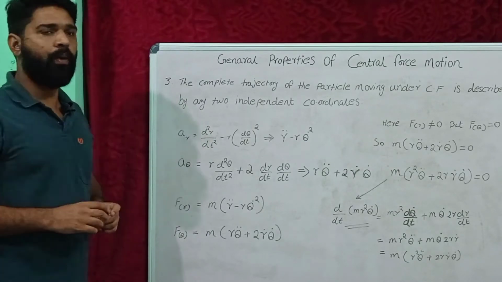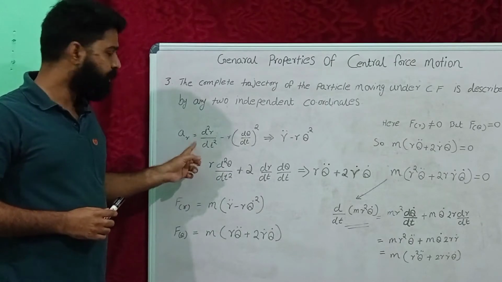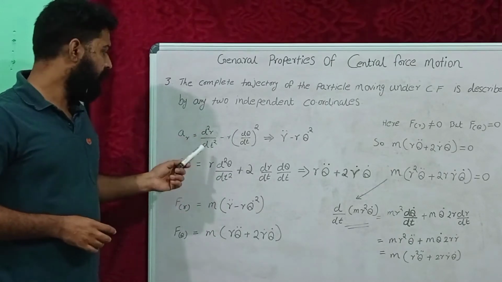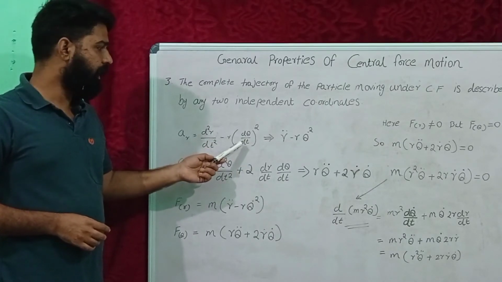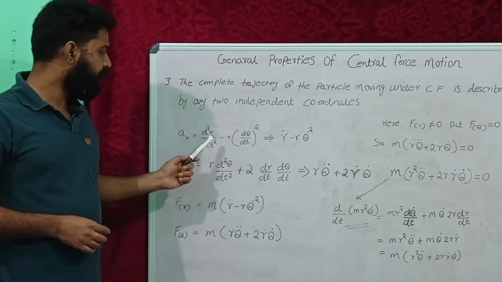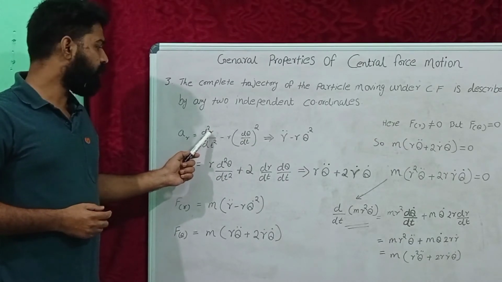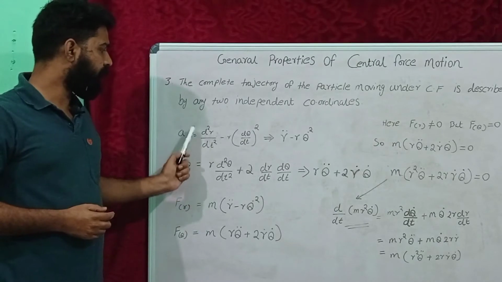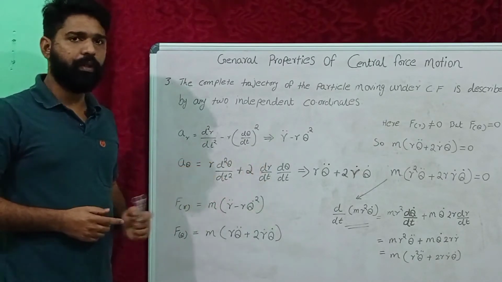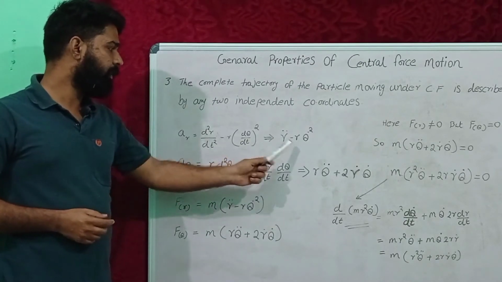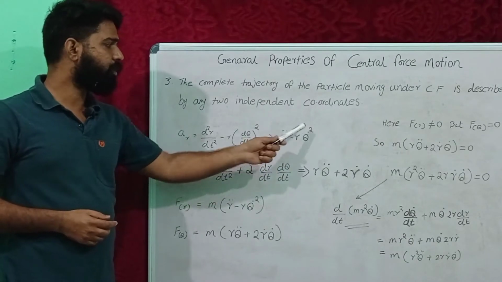We already know the radial acceleration can be represented as d square r by dt square minus r (d theta by dt) all square, and this is the twice differentiation of r with respect to t. So we can represent this as r double dot minus r theta dot square.